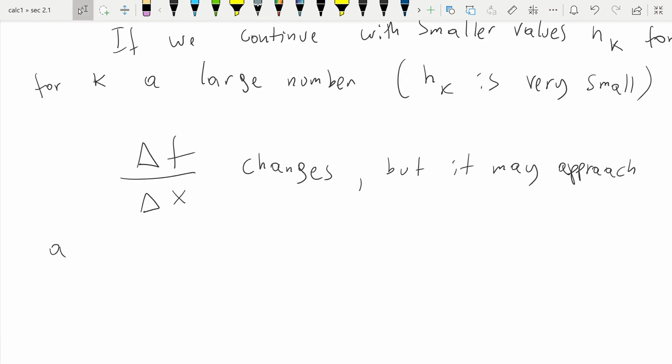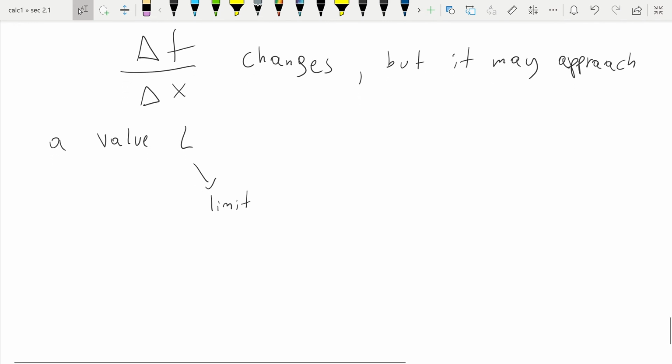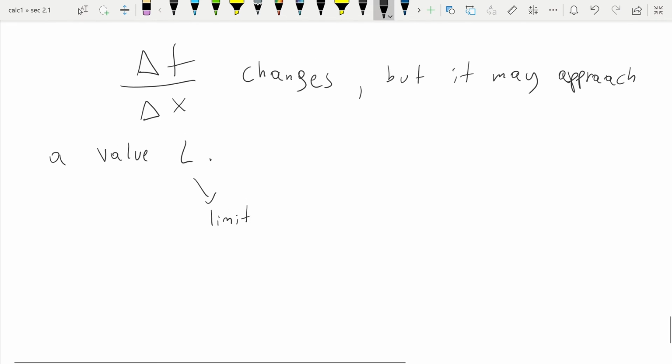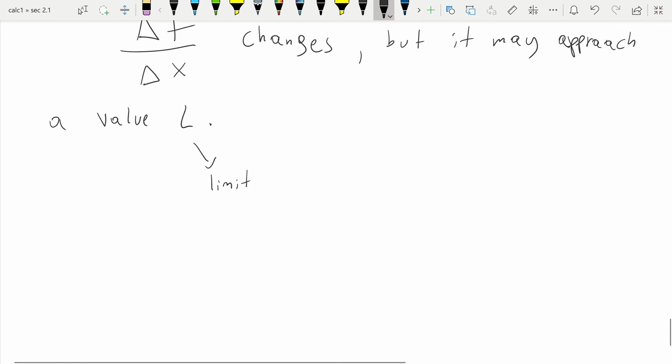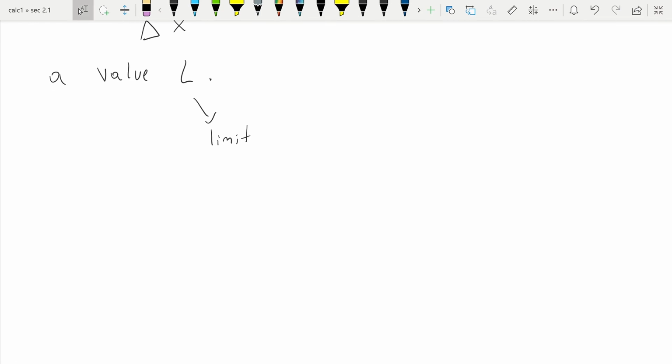We may approach a value L, which will be the limit. We are considering a sequence of numbers corresponding to slopes of secant lines, and if these values start approaching a certain number L, we'll call that of course the limit, and that will correspond to the instantaneous velocity.